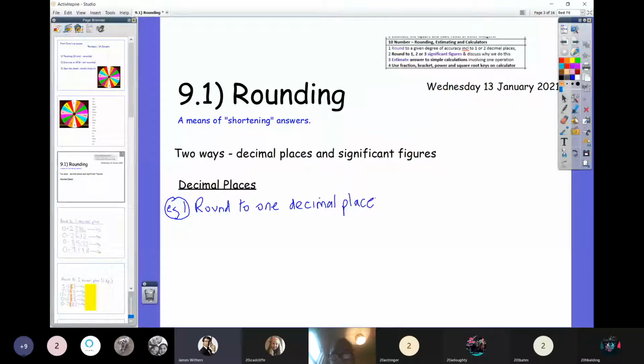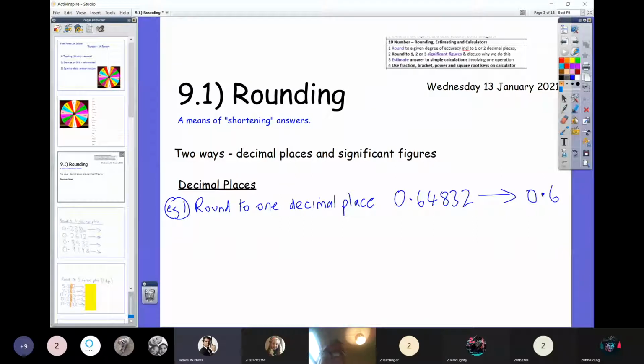Let's say the original number, the complete number before we start rounding, is, for example, 0.64832. Then when we round it to 1 decimal place, we only have 1 number after the decimal point. So that would be 0.6. We're just shortening the answer.